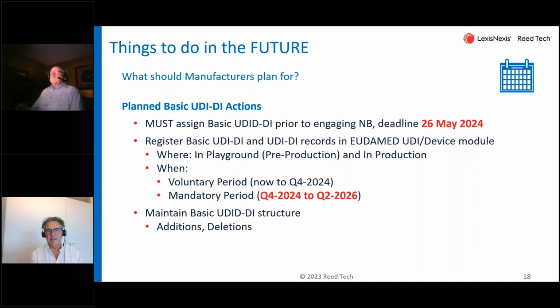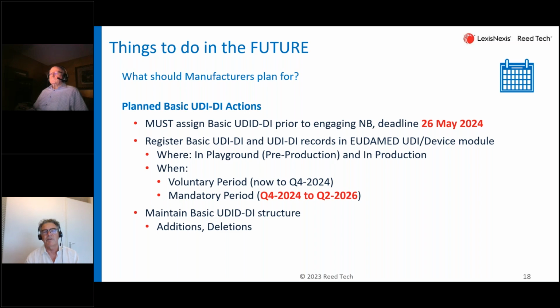If you miss that deadline, you will lose legacy device status. I repeat, meet this deadline, or you will lose legacy status of your devices. Because the definition for legacy device will change after 26 May 2024.